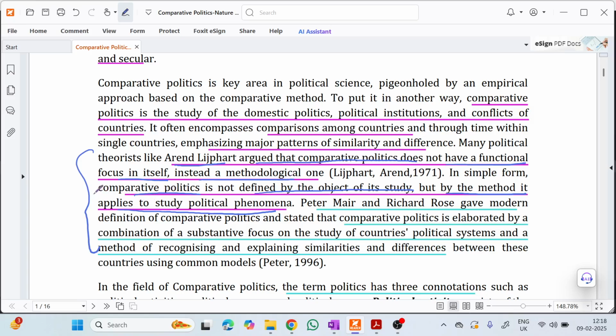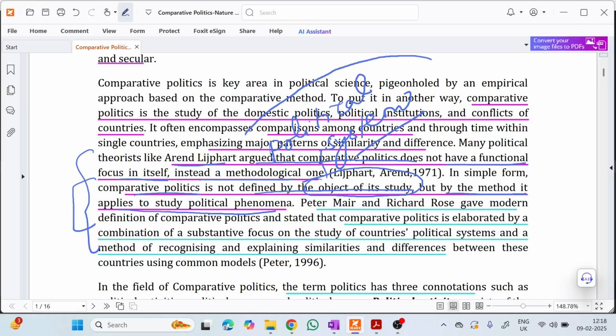So in this definition, there are two components. The first one is the object of study of comparative politics. The object here is political institution; in short, it can be grouped as political system. Comparative politics studies political systems of different countries, which is its object.